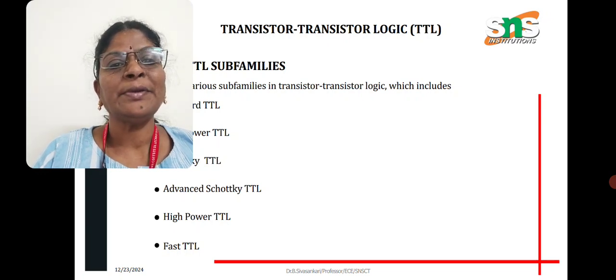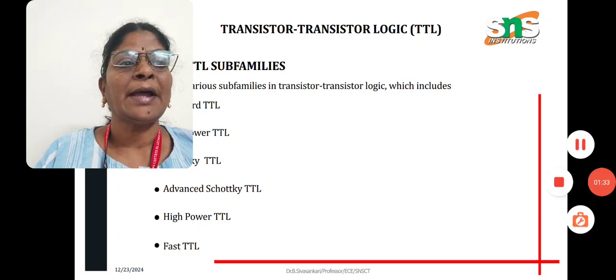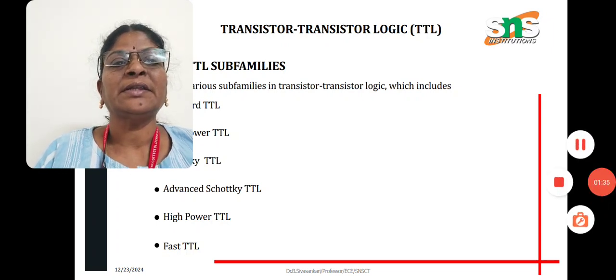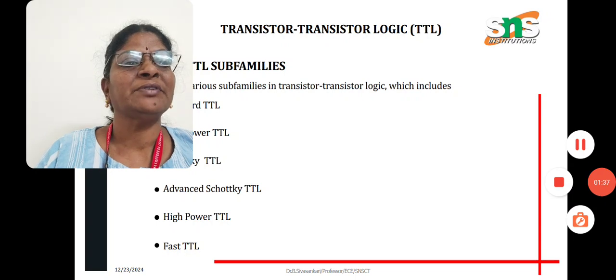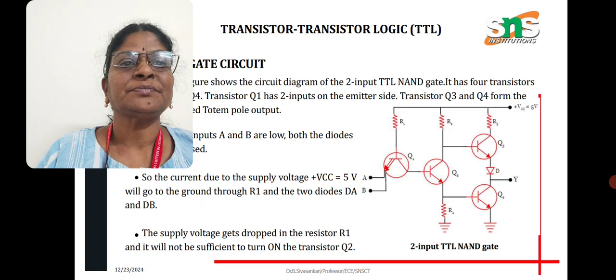There are so many sub-transistor logic families, which include different types like fast, high, slow, advanced, normal, then low power, high power, all types of sub-transistor logic family.